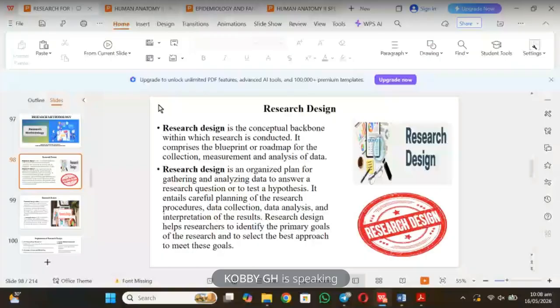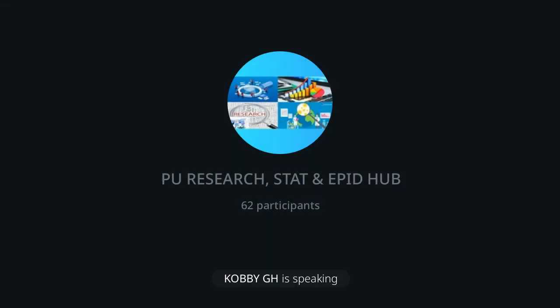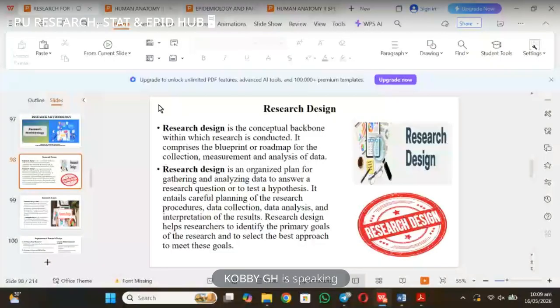Sometimes you open a research paper or article and you see pie charts, frequency tables, bar graphs. Once you see those things, it means they did a quantitative study.